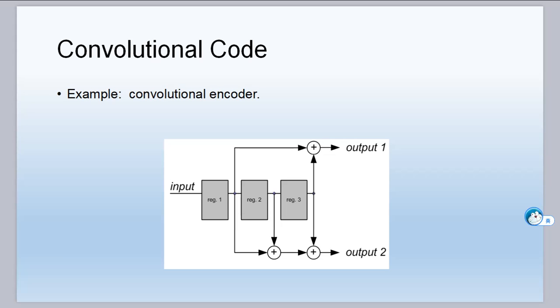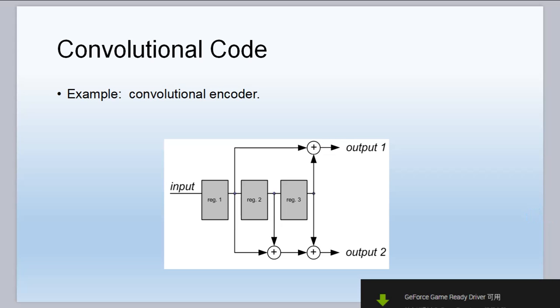So we can say from here that register 3 records the data from the first 2 cycles, and register 2 records the data from the previous cycle, and register 1 records the current data.